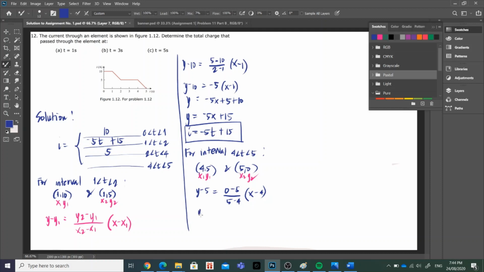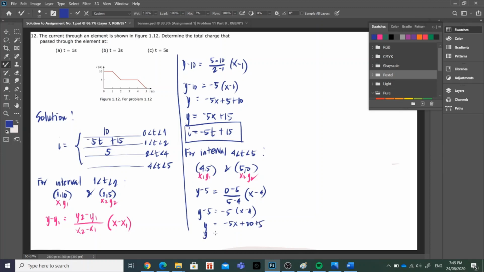Ayan. Then, simplify y minus 5. So, 0 minus 5 over 5 minus 4. Again, that is negative 5. Tapos, x minus 4. Tapos, simplify ulit. Y is equal to negative 5x. Negative 5 times negative 4, positive 20. Tapos, si negative 5 transpose, so plus 5.